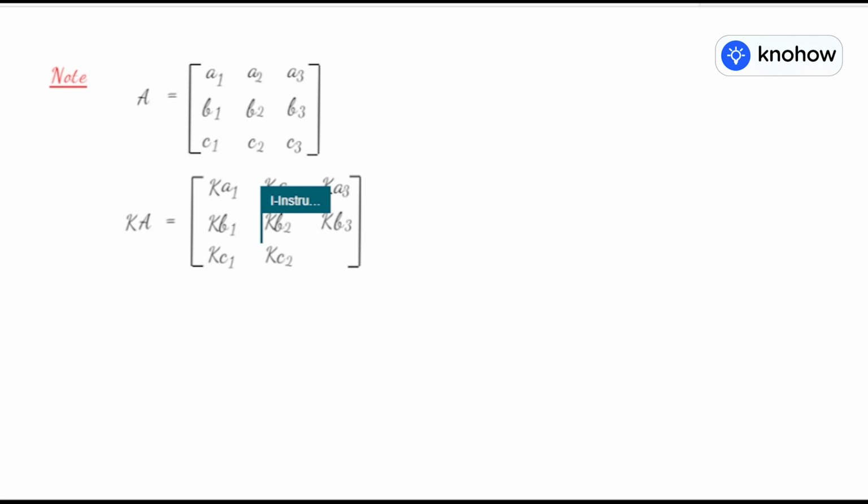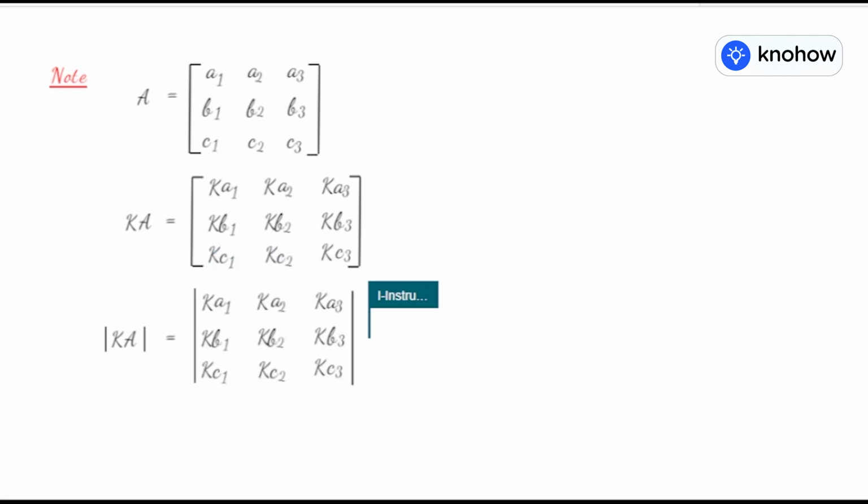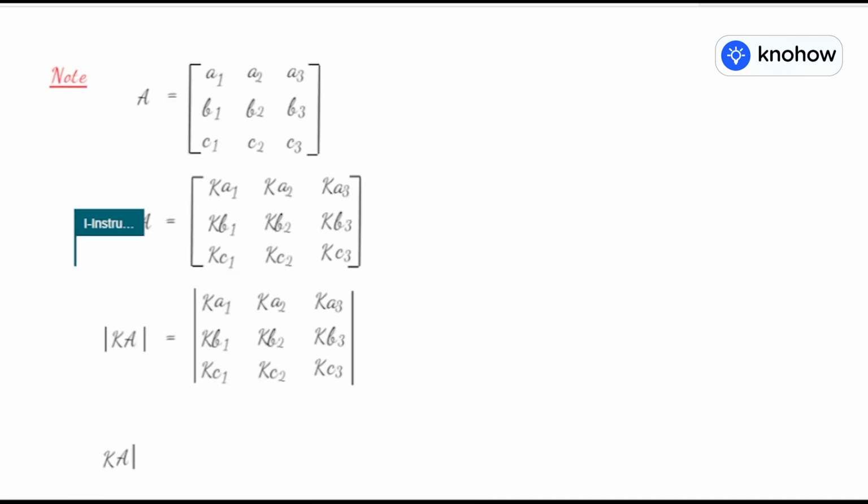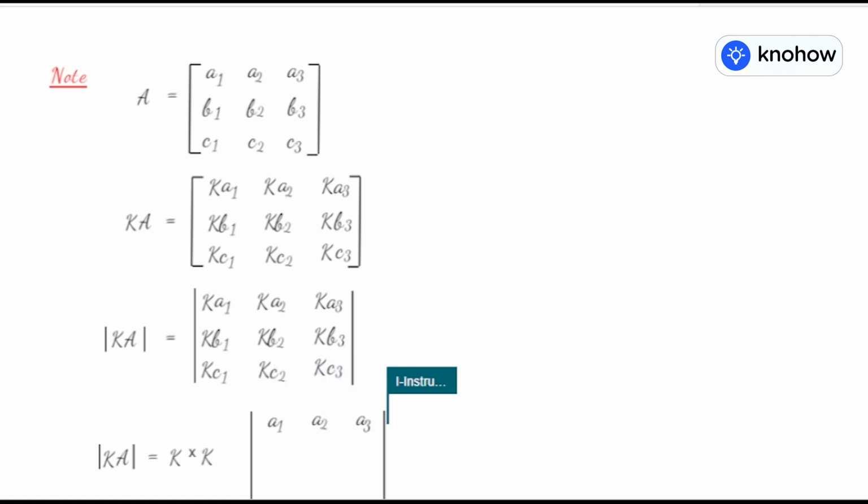Now, what will be the value of the determinant of KA? What is the value of the determinant whose matrix is KA? It will be this very determinant. Now in the determinant, you may take K common. You may take K common from the first row to make it A1, A2, A3, only from the first row. Then again you may take K common from the second row, B1, B2, B3, and also from the third row, C1, C2, C3.